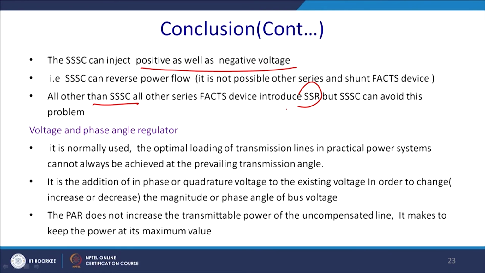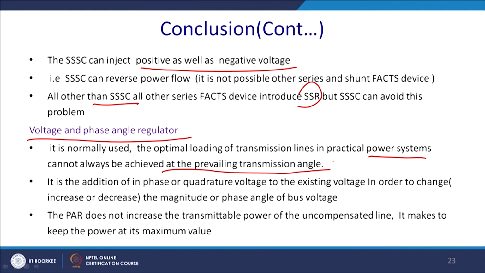Another is the series-parallel combination, which is essentially a voltage and phase angle regulator, what we call PAR. It is normally used for optimal loading of the transmission line, since in a practical power system it cannot always be achieved by the prevailing transmission angle. So it is prevalent in the case of a short transmission line.